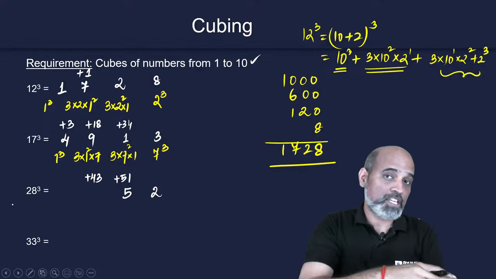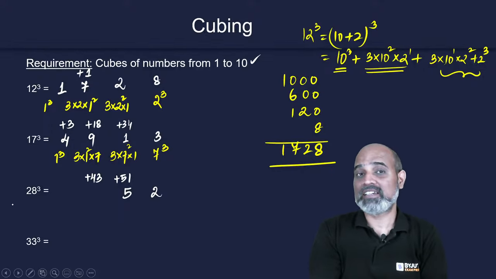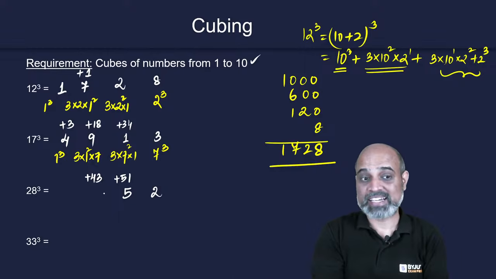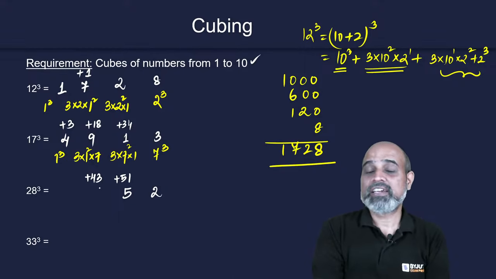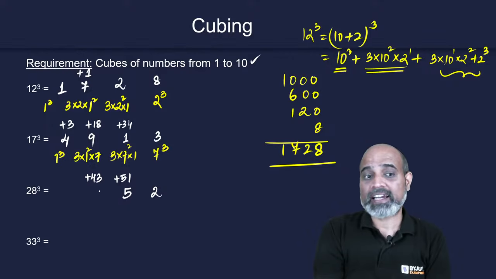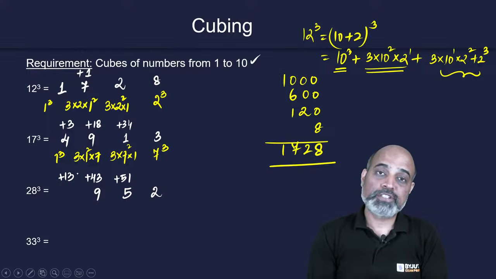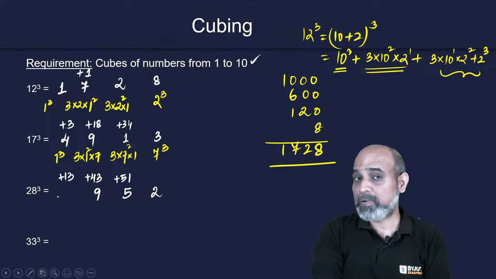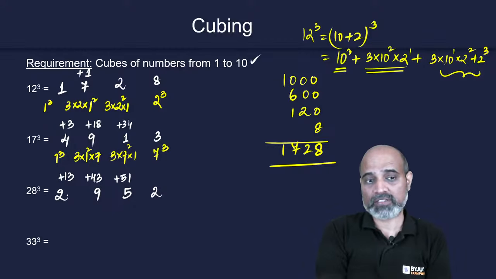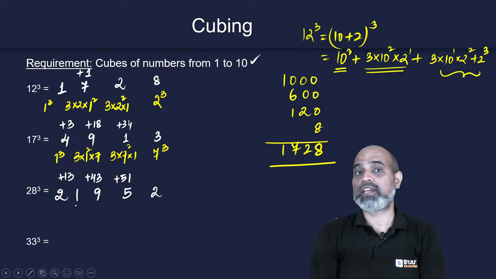Now 2 square is 4. 4 into 8 is 32. 32 into 3 is 96. 96 plus 43 is 139. 139 का 9 will be writing. 13 still carried forward. 2 का क्यूब आप करोगे. 2 का क्यूब is 8. 8 plus 13 is 21. So 21,952.